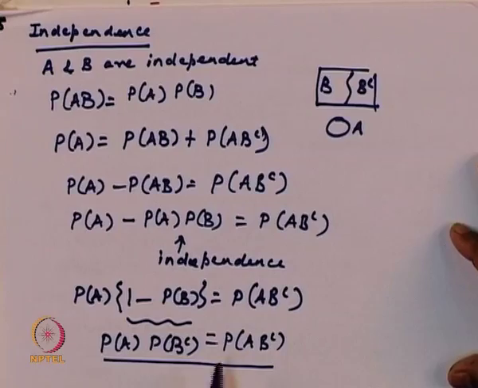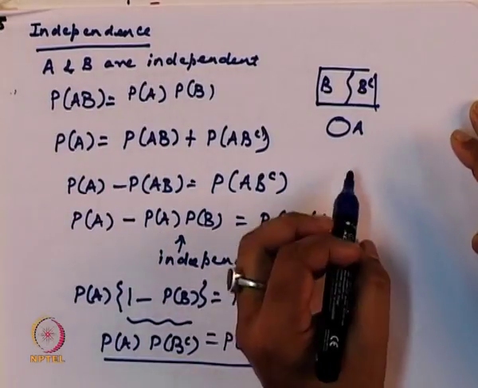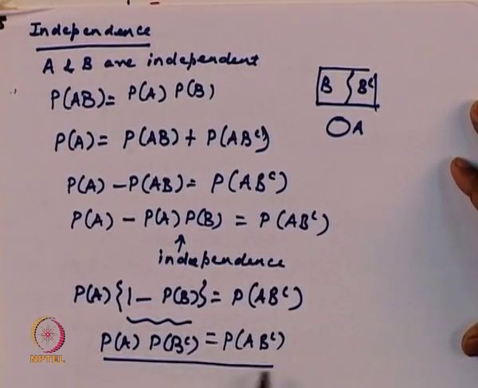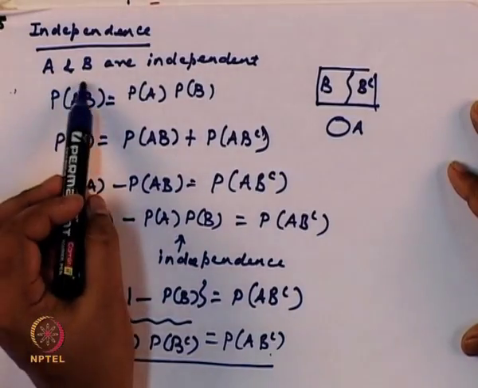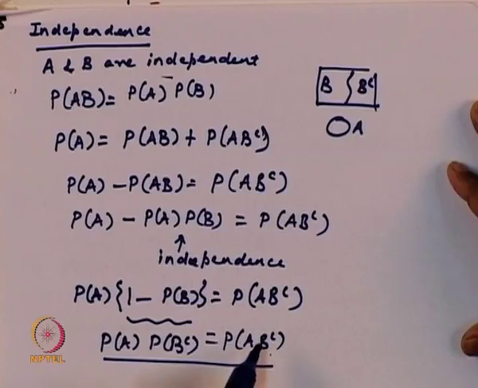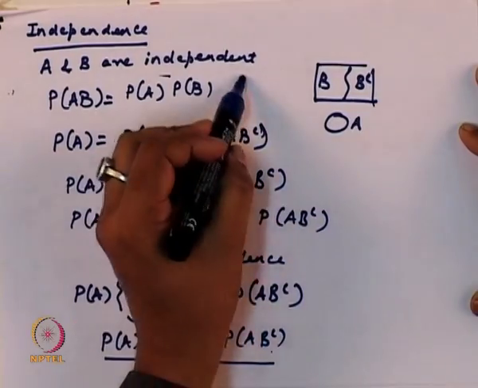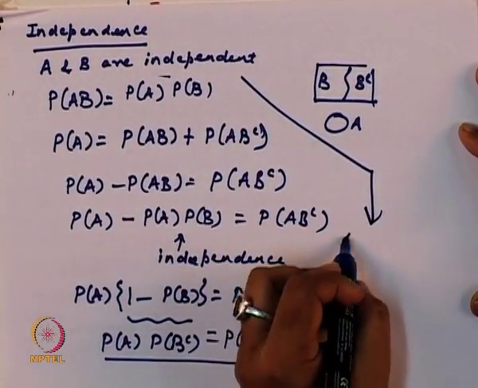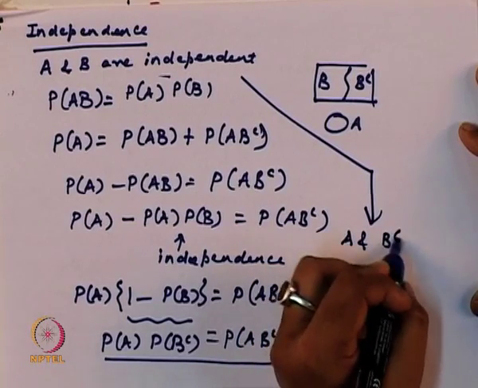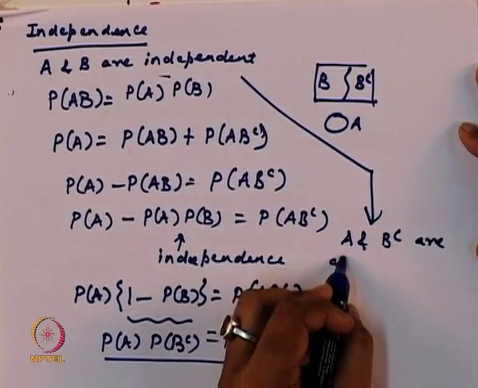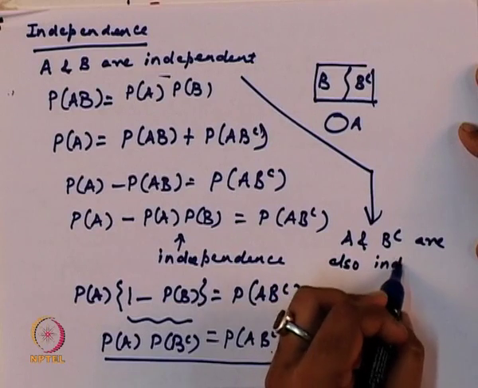This tells you that if A and B are independent, the probability of A and B complement is equal to the probability of A into the probability of B complement. Which means that if A and B are independent, A and B complement are also independent.